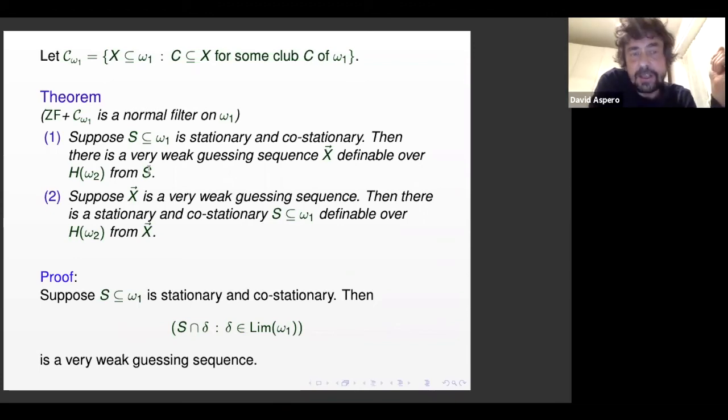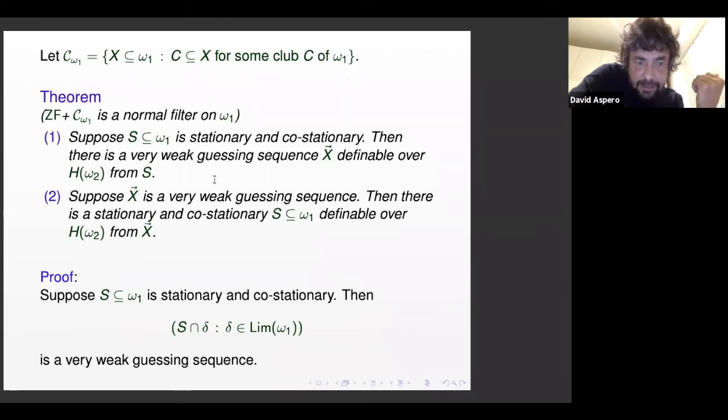For one thing, suppose that S is a stationary and co-stationary subset of omega 1; then there's a very weak guessing sequence definable over H omega 2 from S. The second part is that, supposing X is a very weak guessing sequence, there's a stationary and co-stationary set definable from it.